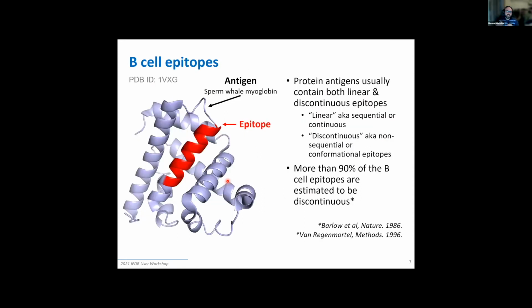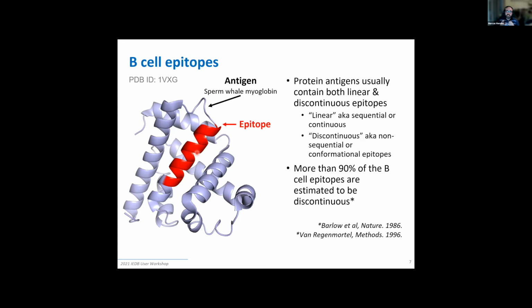Here, another example. I have a different antigen. We have myoglobin. The epitope over here is an alpha helix. So the residue needs to be facing the antibody, so the antibody can interact with it.